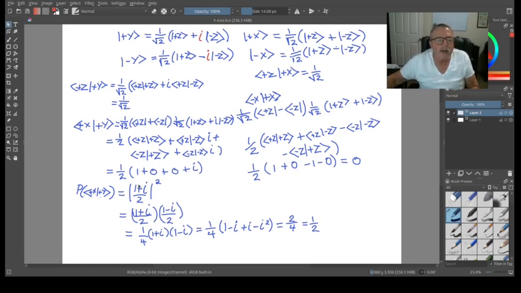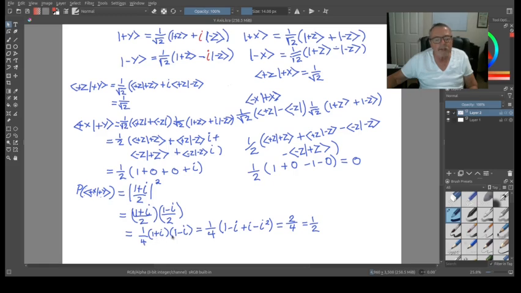Now, what's the magnitude of 1 plus i? Since we've got this imaginary component, I have to take the complex conjugate. Therefore, I've got the 1 minus i and the 1 plus i that we form a result from. So that gives us 1 over 4.